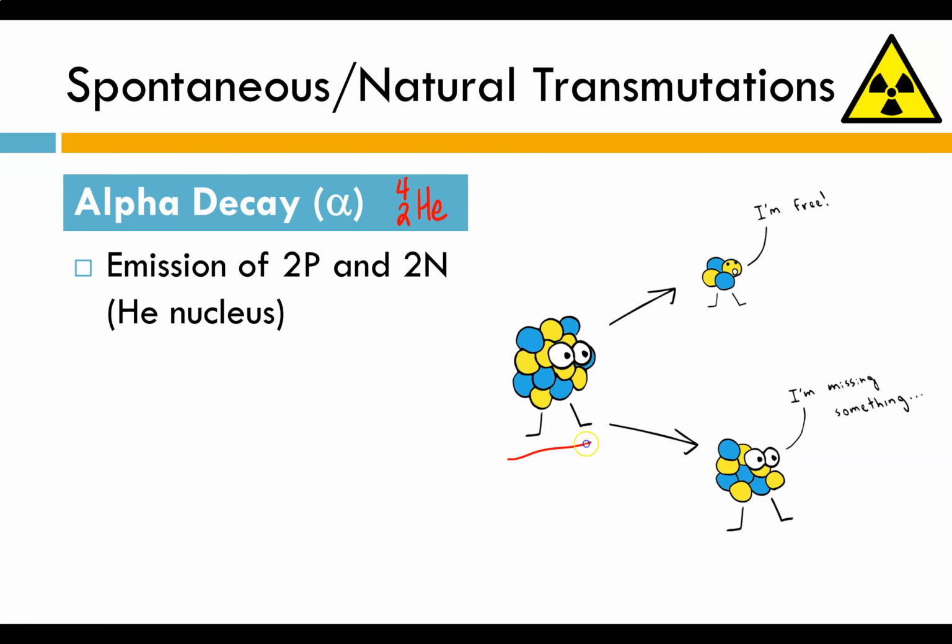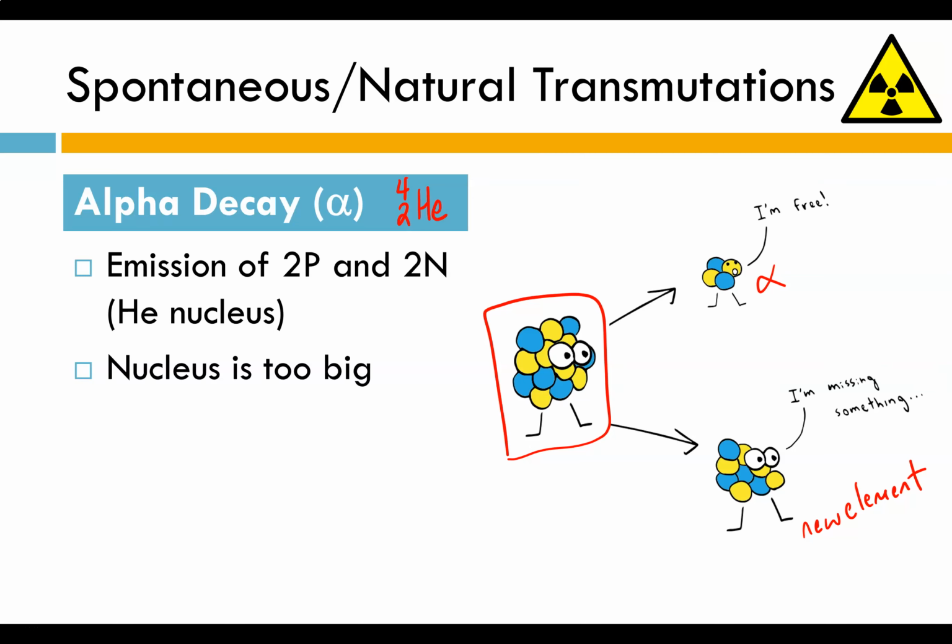So we have our original radioisotope. It is unstable. We have an unfavorable number of protons to neutrons. So we're going to eject our alpha particle, and then we have our new element. That's fundamentally changed because we've lost 2 protons. So that's going to change the atomic number, hence the identity of that nucleus.